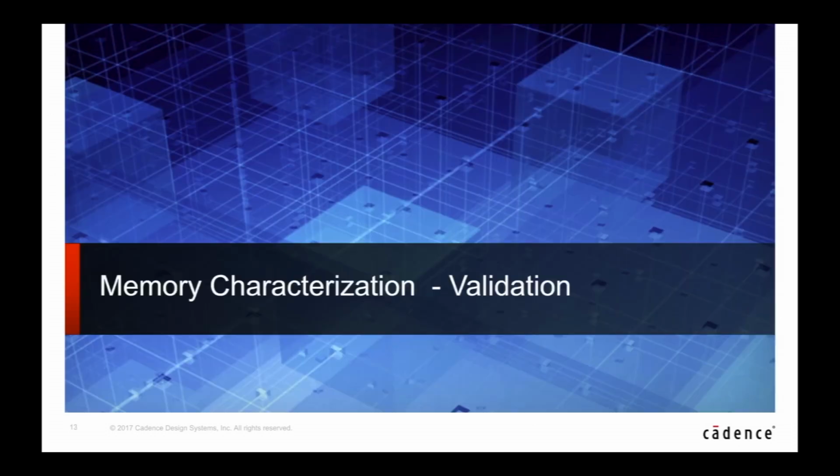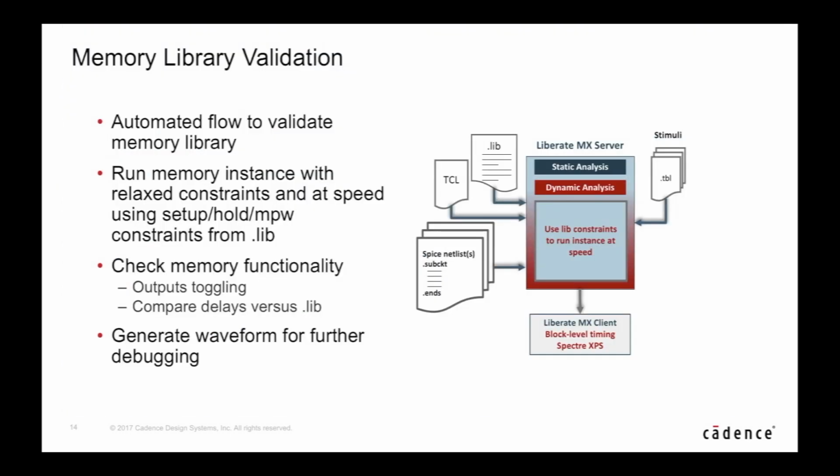Moving on to the validation portion, the basic idea is that we offer the user a way to validate the data that we generate. One question that we get asked all the time is, how do you know that, for example, the setup and hold constraints, or the min pulse width, or the minimum period numbers that you put in the library actually make any sense? The idea is we automatically provide a way of setting up what we call an at-speed simulation.